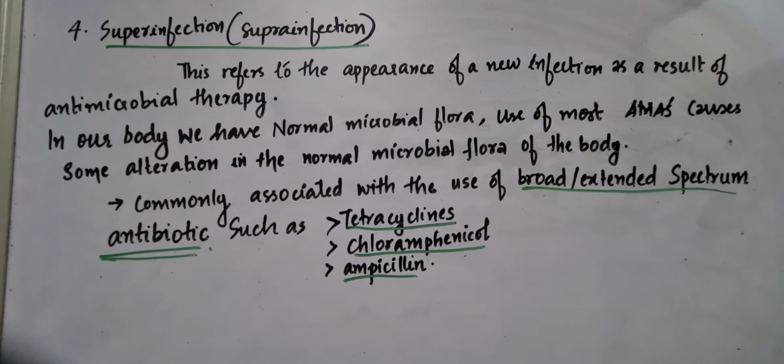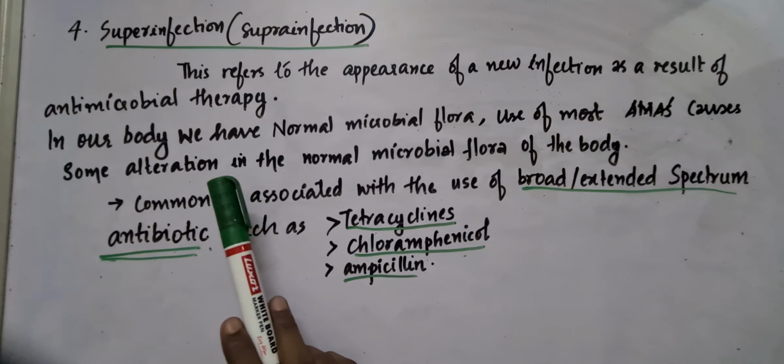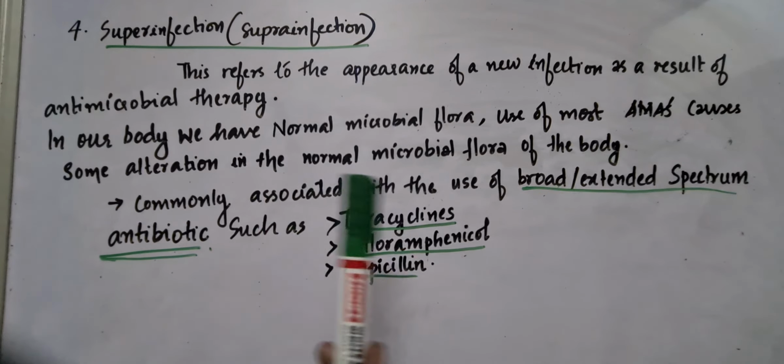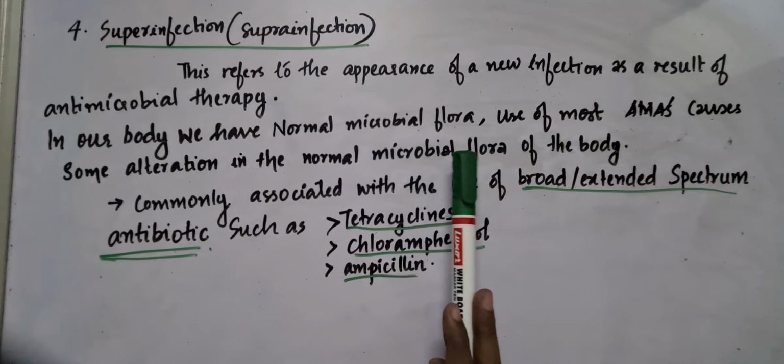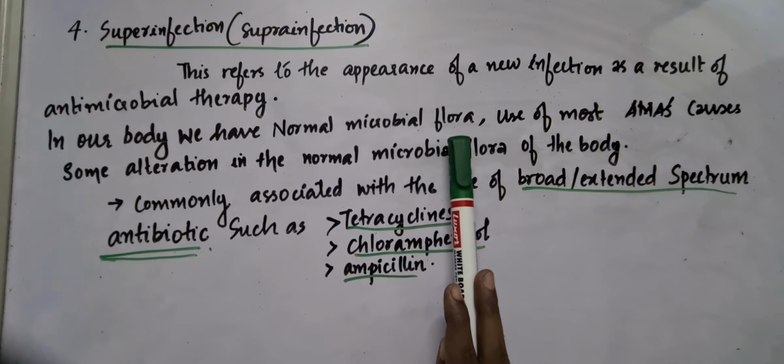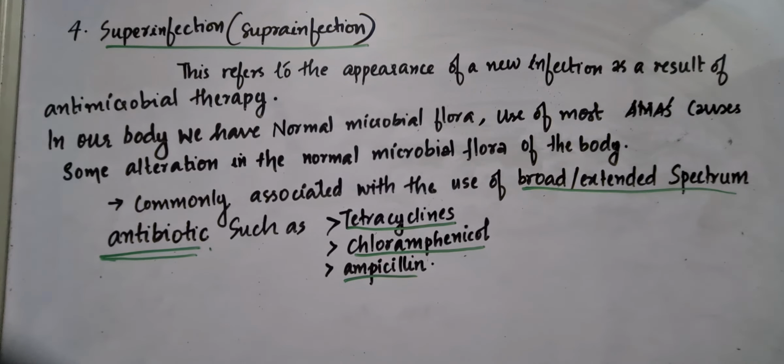Next is superinfection or suprainfection. This refers to the appearance of a new infection as a result of the antimicrobial therapy. In our body, we have normal microbial flora, and this normal microbial flora helps the digestion of food, produces vitamin K, and restricts the growth of pathogenic microorganisms by producing substances called bacteriocins.